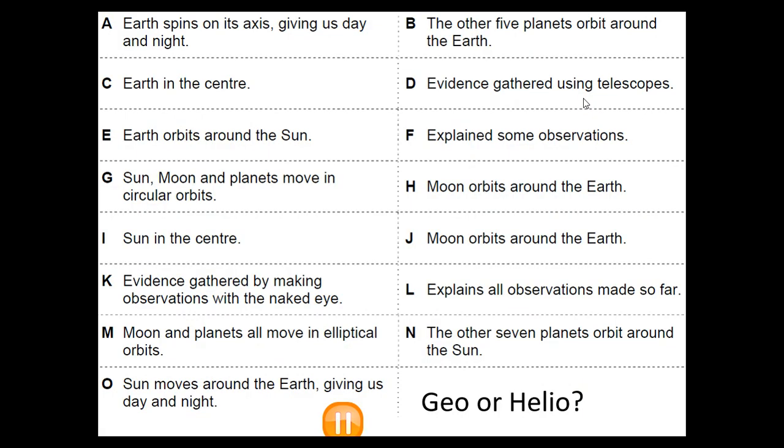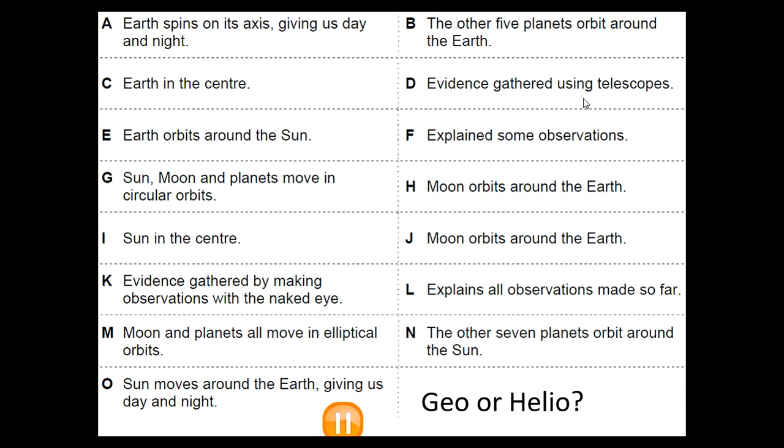So let's now have a think about comparing these two models. Here are some statements which are linked either to the geocentric model or the heliocentric model, or both of them. Okay, so can you now write down A to O and then just put G for geocentric, H for heliocentric, or B for both?